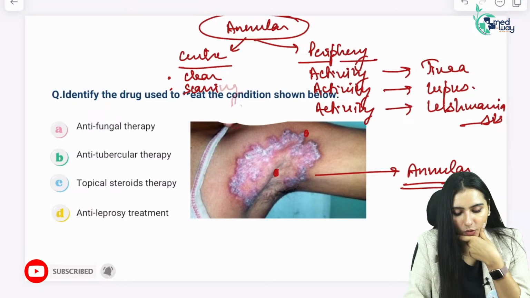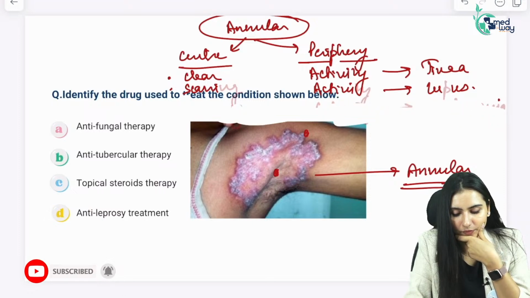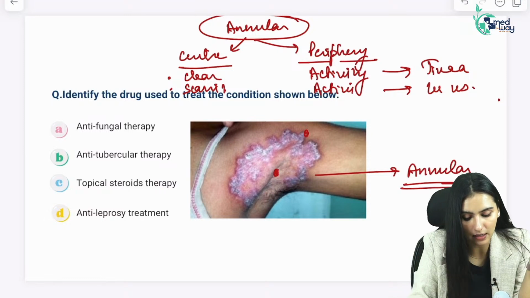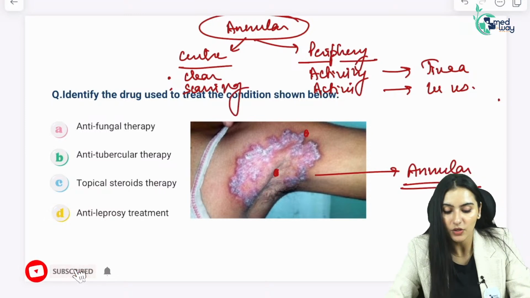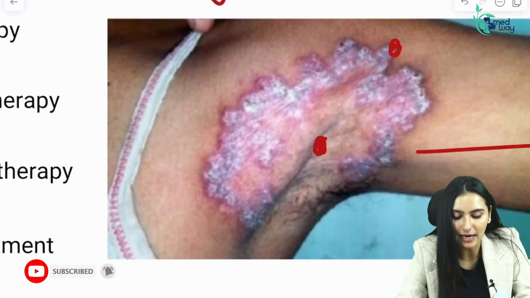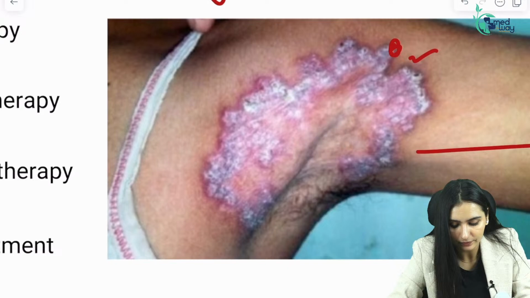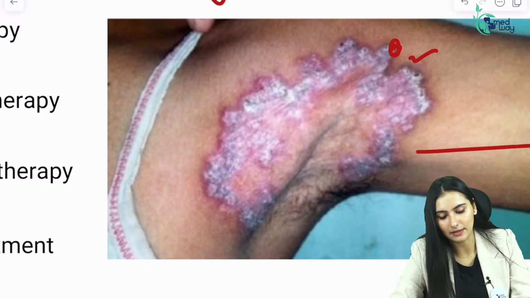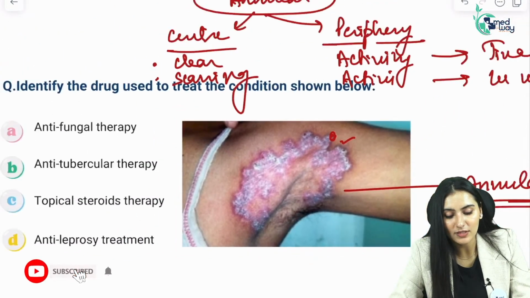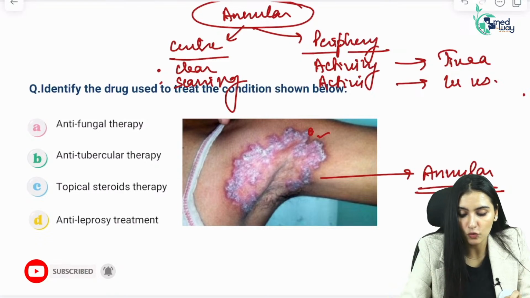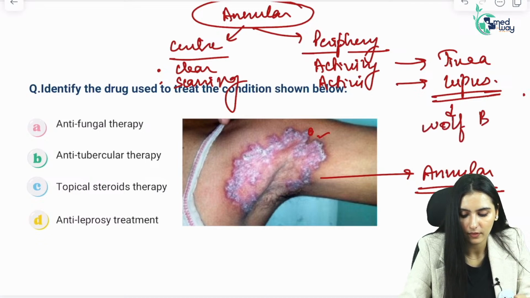So for your exam, remember there is a clear center or there is scarring in the center. Now here you see there is activity in the periphery, but the center has scarring. Look at the scarring in the center. What does it look like? It looks like a wolf bite, like something bit us. So that is lupus. Lupus is like a wolf bite.